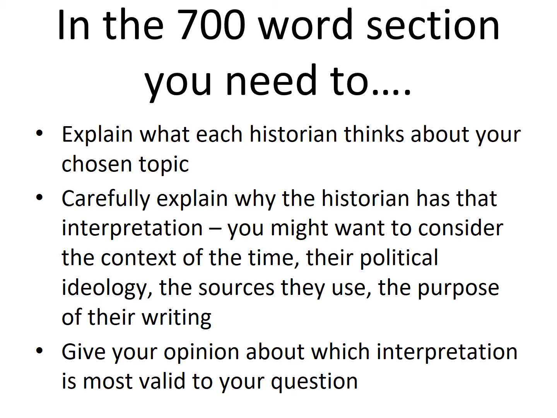If you do that, that's going to be 700 words, because the first bullet point here, explain what the historian thinks. As I've said, I think that'll probably be 2, maybe 300 words. In the second section, you talk about their strengths and the limitations of that historian based on their context, their ideology, and so forth. That will probably give you another 200 or 300 words, and then you give your opinion at the end, taking you up to 700.